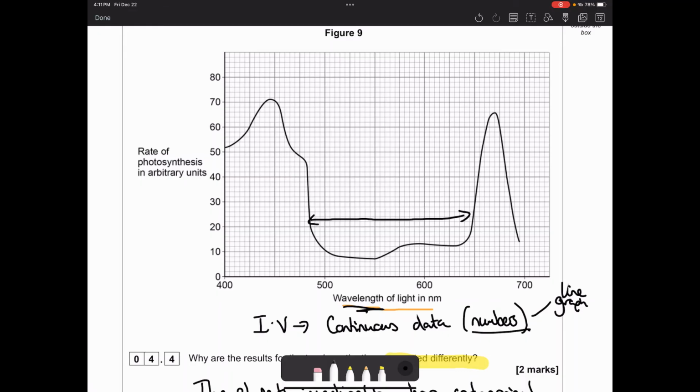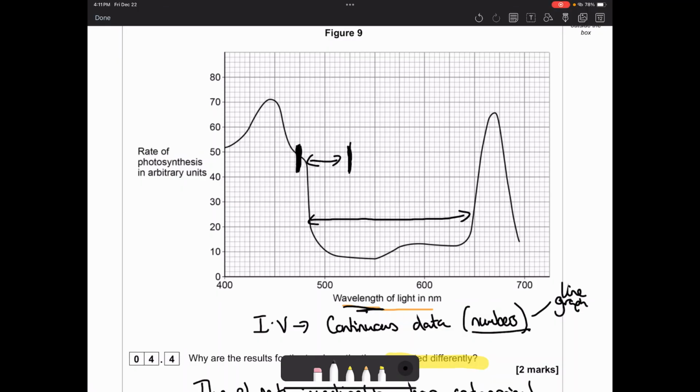You can say any number between 475, which is this point here, for where it starts, to 525, which would be this point here.